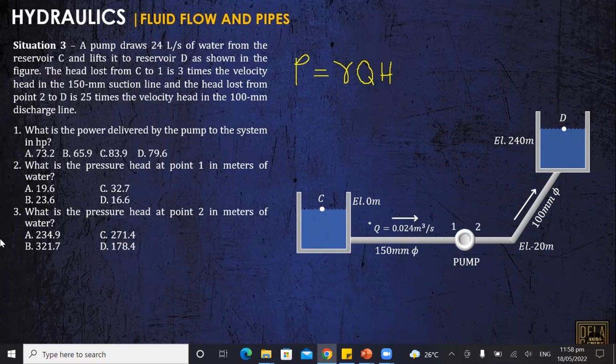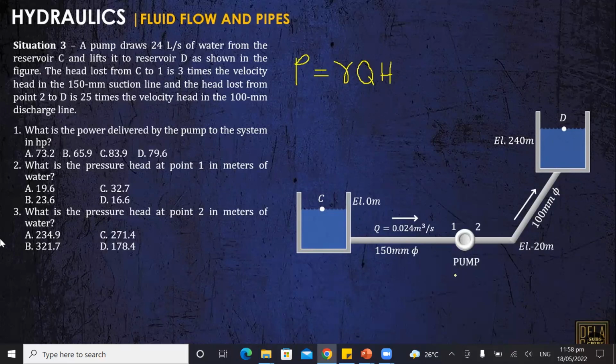Or to know how can we solve this problem without getting complications. Because if gagamitin natin yung point C and point 1, maraming unknown sa point 1. We don't have the pressure. We don't have yet the velocity, but we can just calculate that. No? Velocity and pressure yung wala natin.